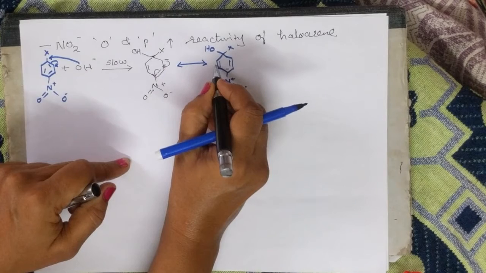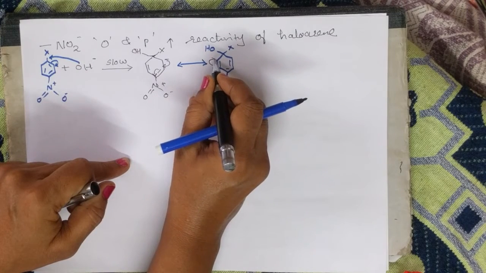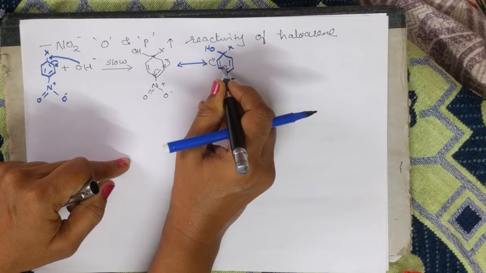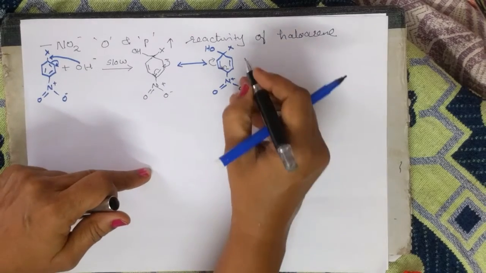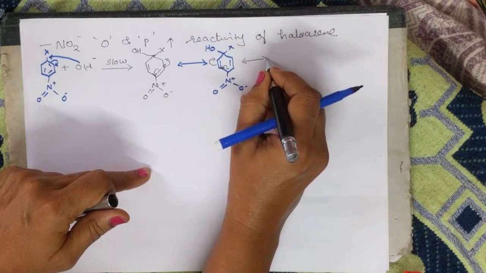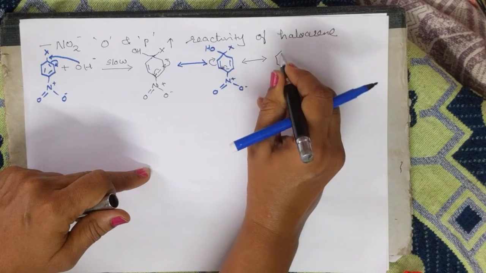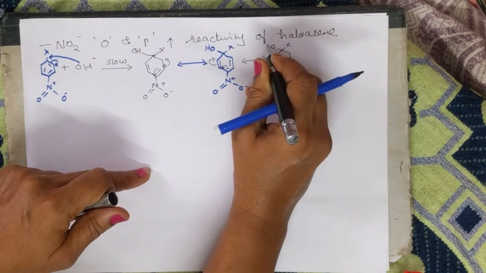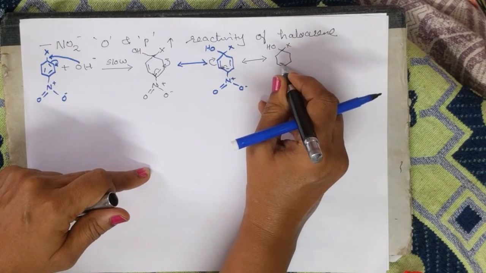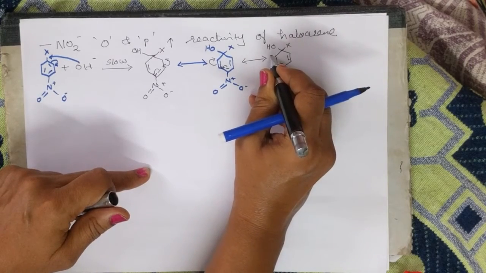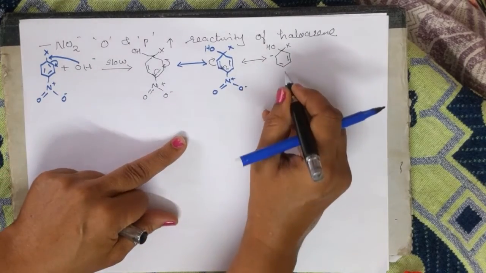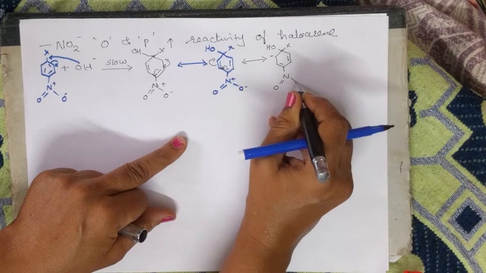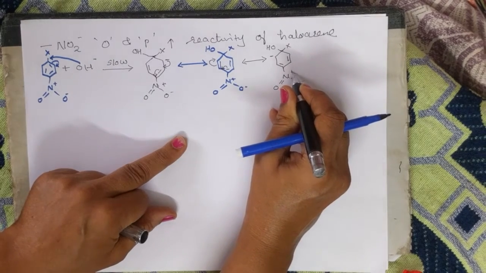Now again this bond breaks and comes to the minus charge here, and this minus charge forms a bond here. So the next resonance for this is: here it is X, here it is OH, here you have a bond, and here the minus charge, and here you have a nitro group, O minus and N plus.